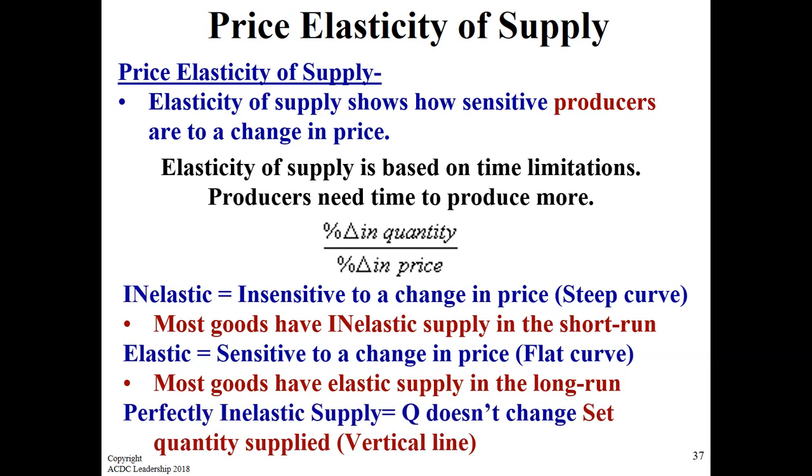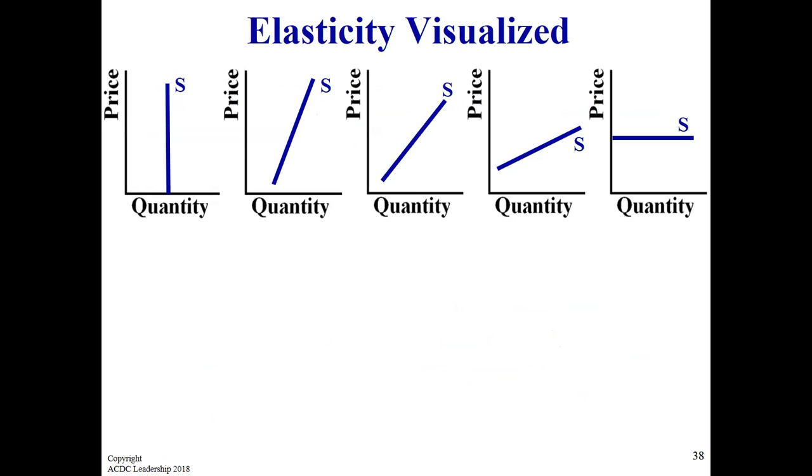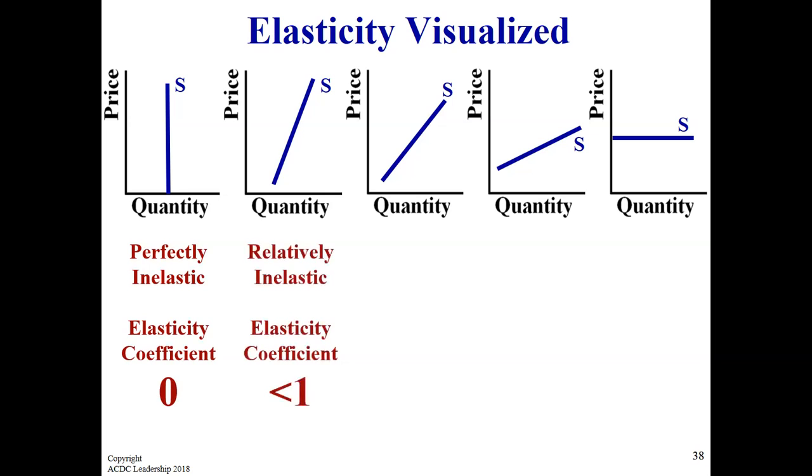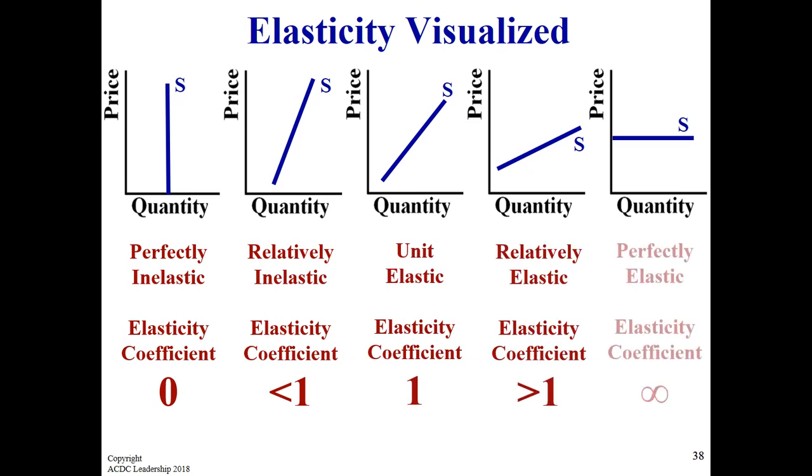And again, perfectly elastic, quantity doesn't change. It'll be that same I type one. Okay, here, they're going to look the same, like that's perfectly inelastic. I wouldn't spend a whole lot of time worrying about these lines.